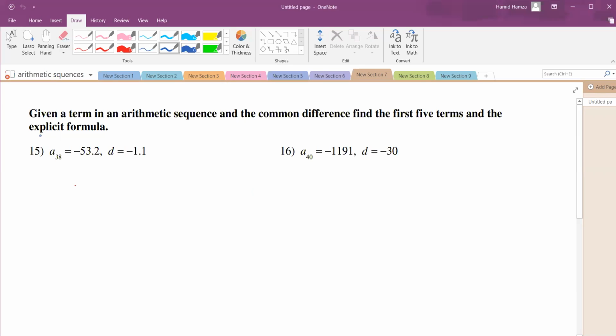Okay. So to form any sequence, we need to know what is the first term, A1, and what is D.